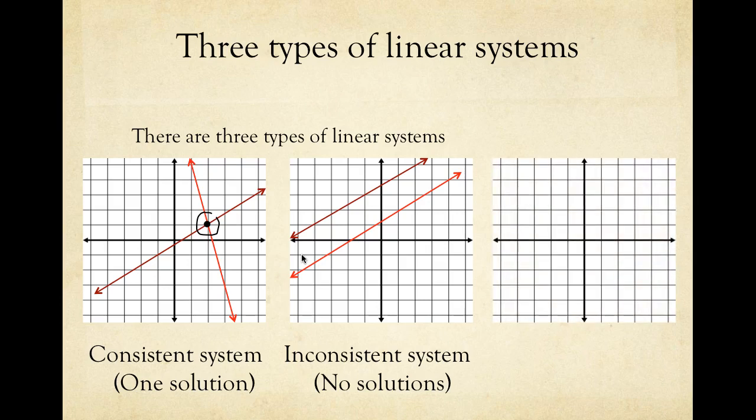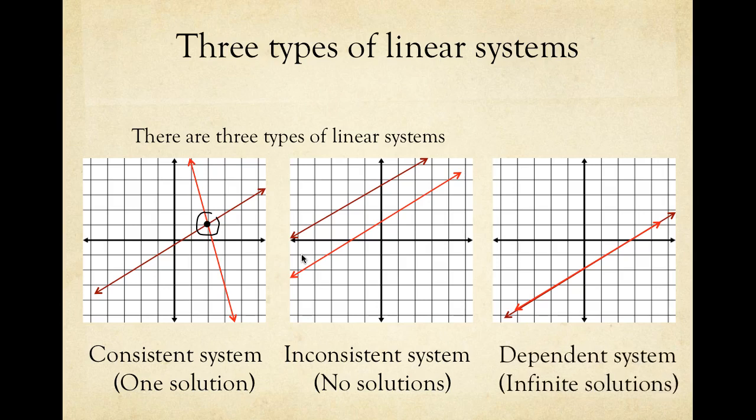Lastly, we have a system where we have one line and a second line exactly on top of it, which makes the 2 lines the same line. That's called a dependent system, and that has infinite solutions.